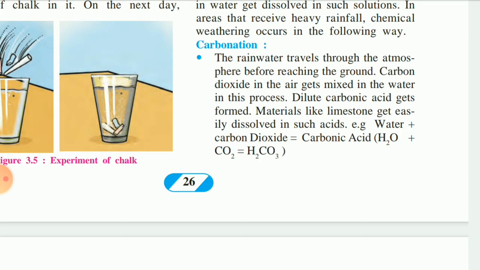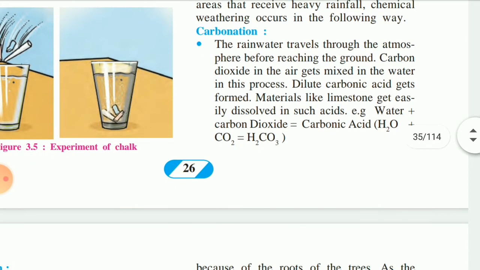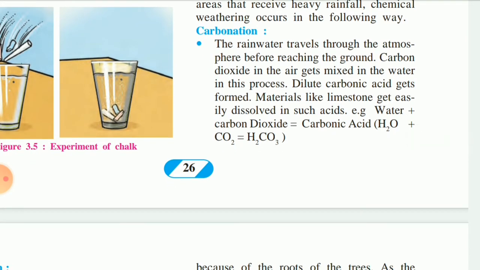Carbon dioxide in the air gets mixed in the water. In this process, dilute carbonic acid gets formed. Carbon dioxide and water, H2O, form dilute carbonic acid.